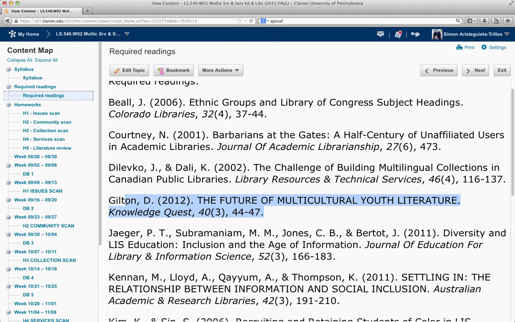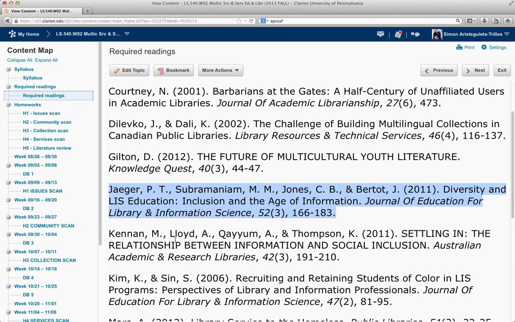Okay. One thing that has to do with the issues on library education is diversity and LIS education, library and information science education, because we also need to have diversity in our profession too. Not only diversity in terms of ethnic background, like we have to have Latino librarians or African American librarians or Indian librarians or Native American librarians.